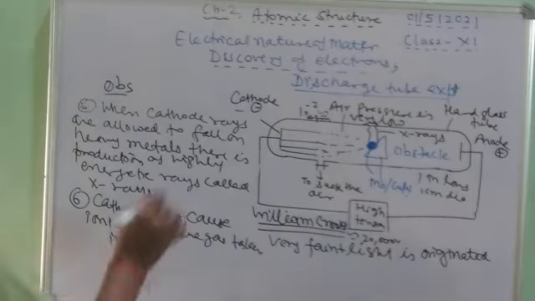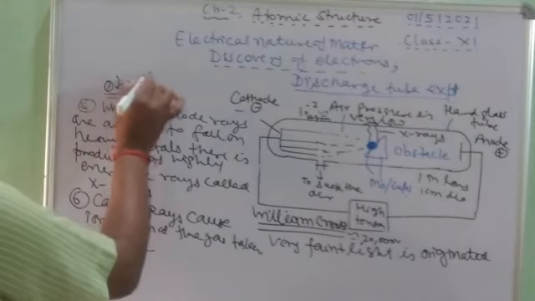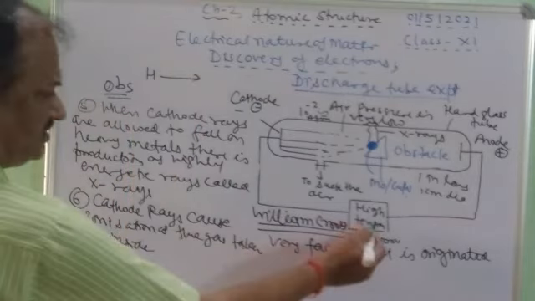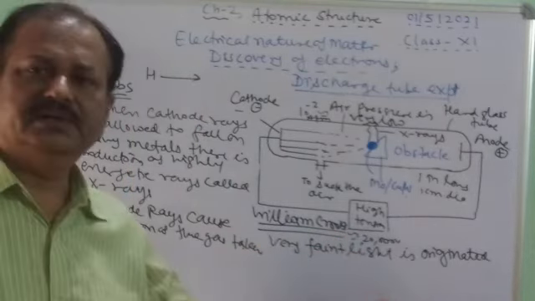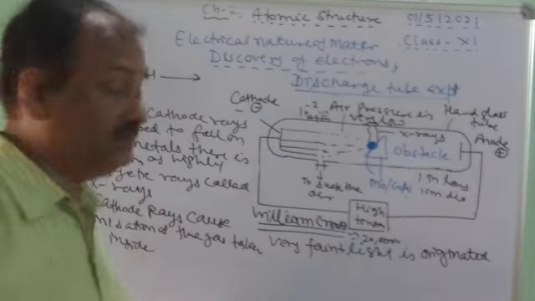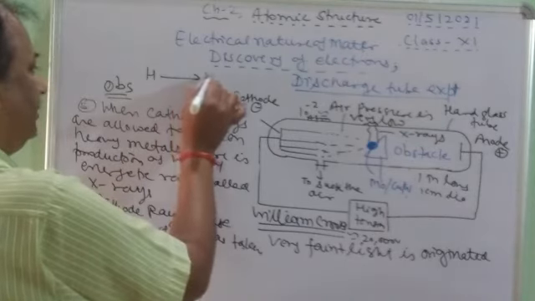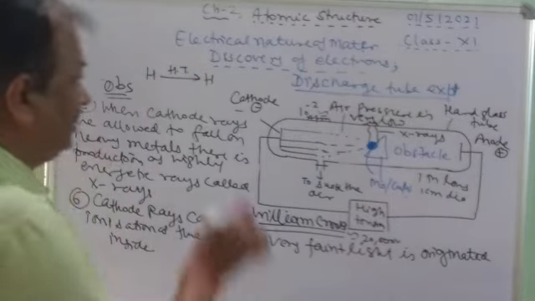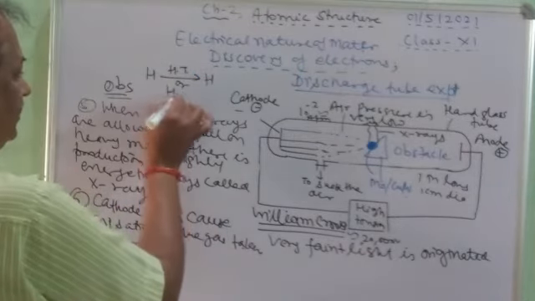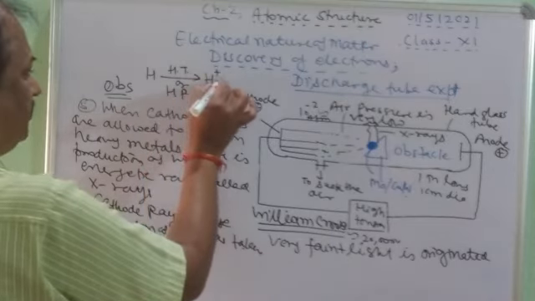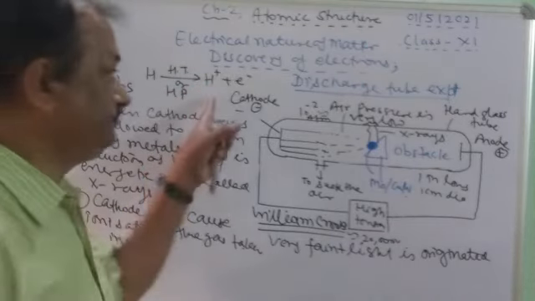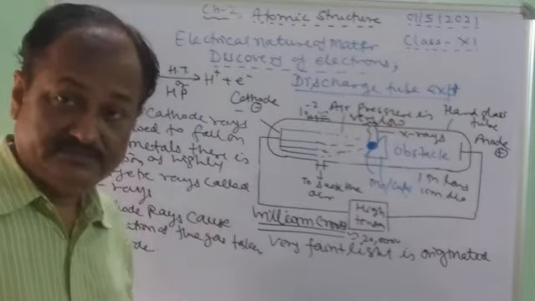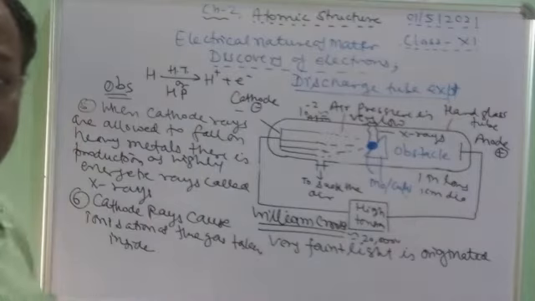How? See here, if we take a hydrogen atom under very high potential, it can be 10,000 to 20,000 volts, high tension or high potential, there is formation of this type of particle. This is the proton, and this electron is emitted.